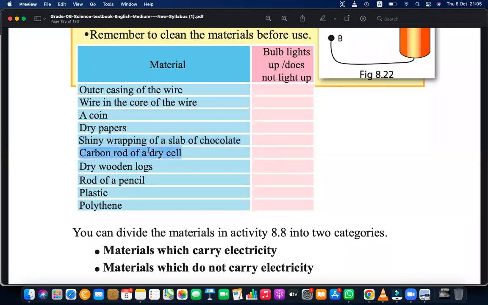So remember that the chocolate wrapping is a conductor. Carbon rod of a dry cell.